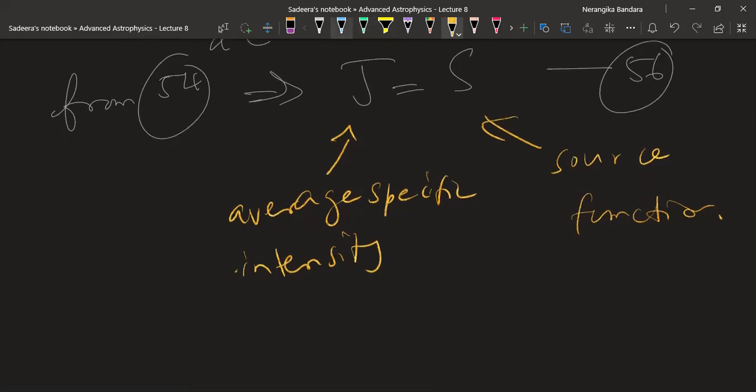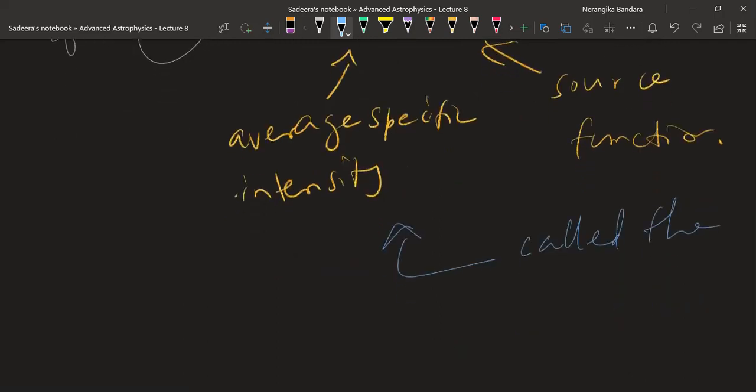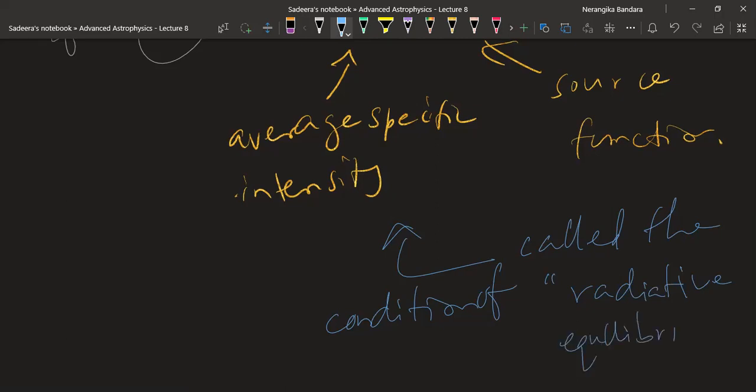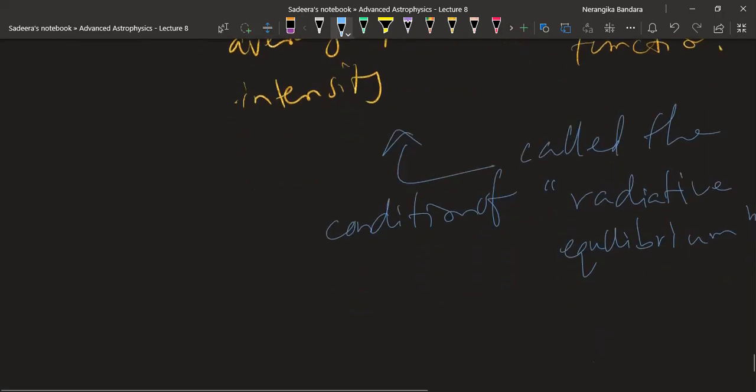This relationship between J and S is called the condition of radiative equilibrium.